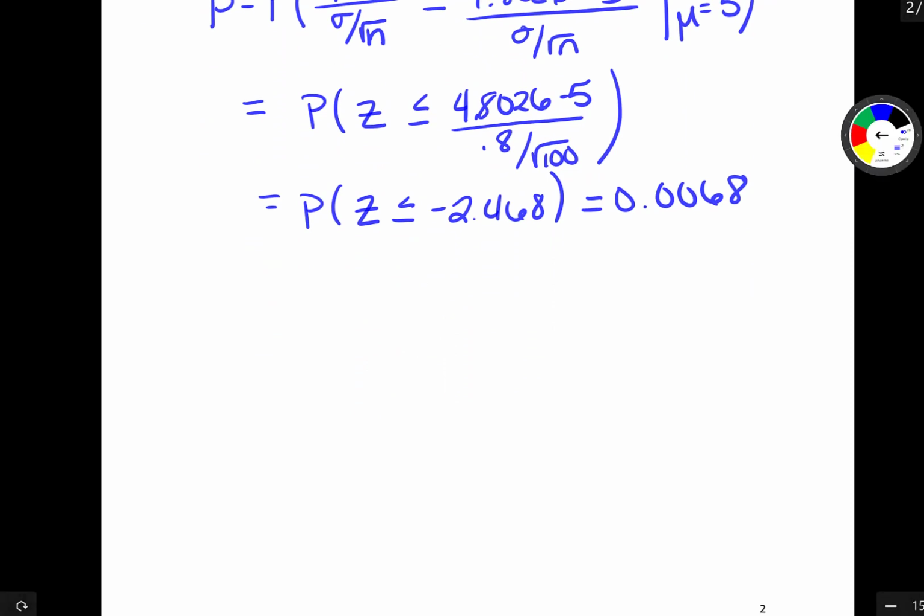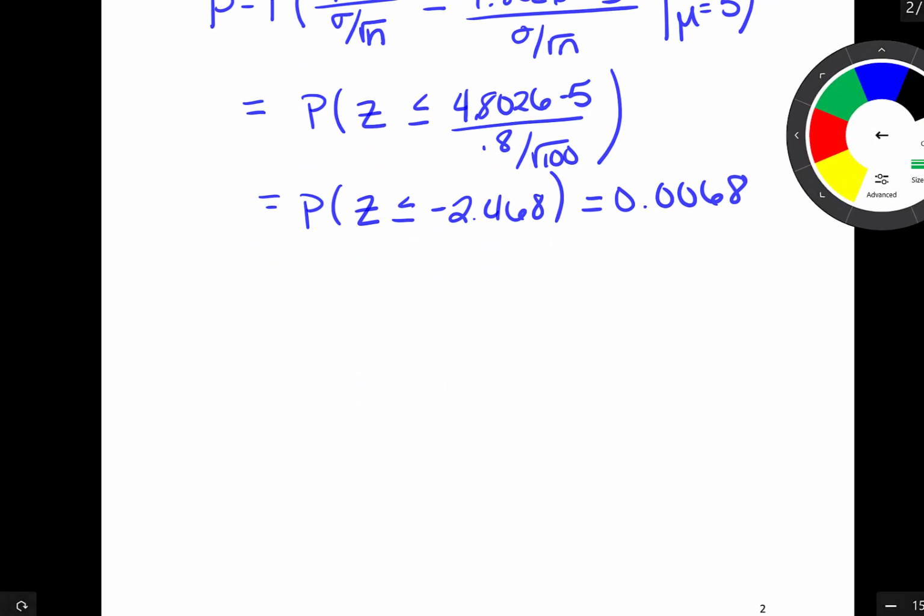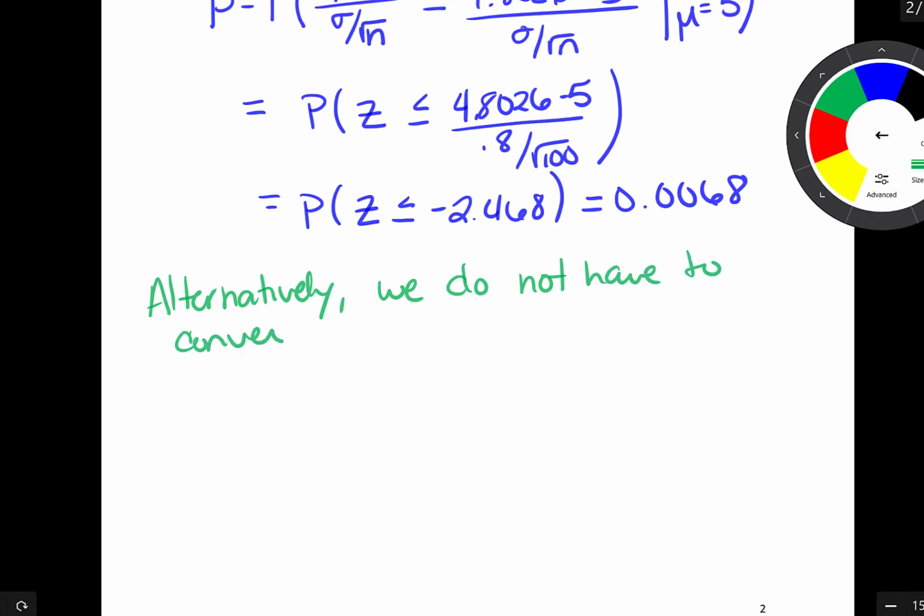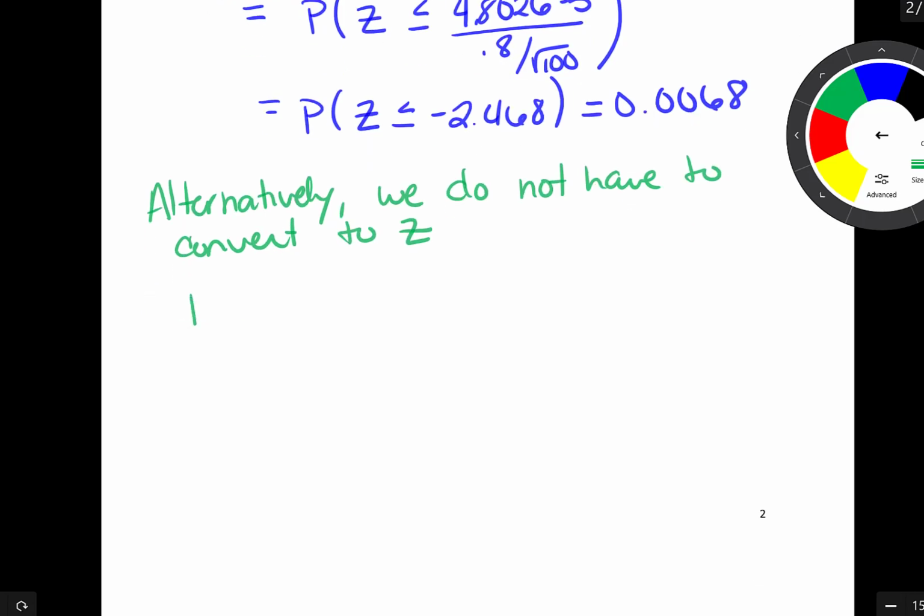Now, alternatively, as I was saying before, you could work directly with the sampling distribution of y bar. So alternatively, we do not have to convert to z. Notice from up above, we have beta was equal to the probability that y bar was less than or equal to 4.8026, given that mu is equal to 5.